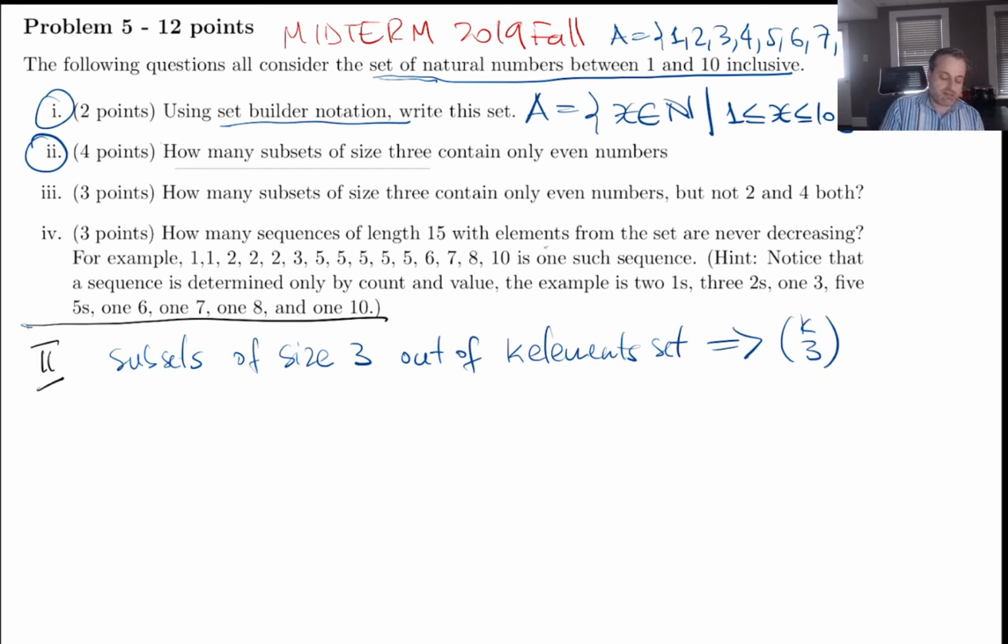But the problem is in part 2 we have a restriction, so we only have even numbers. So this k element set is not the whole A.